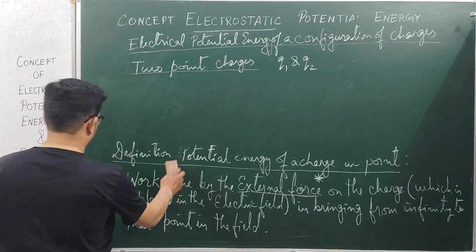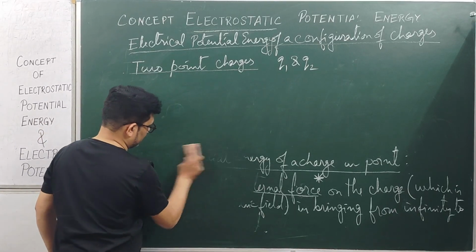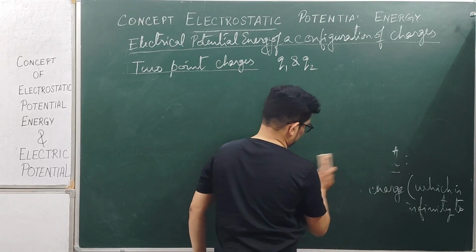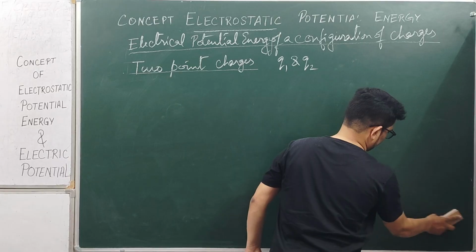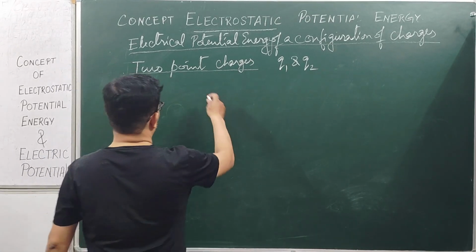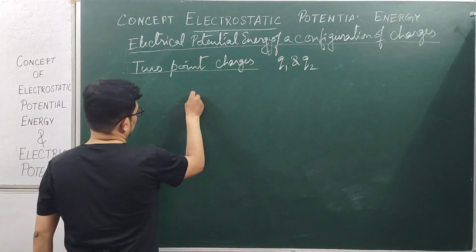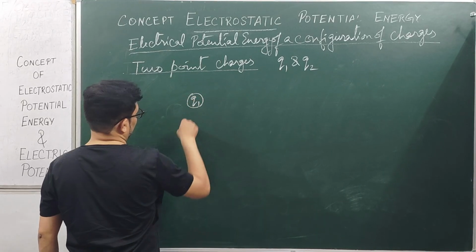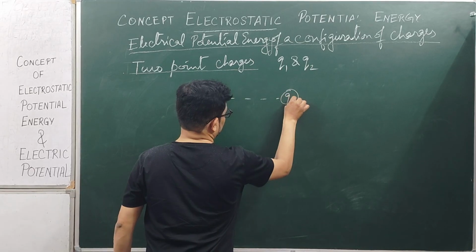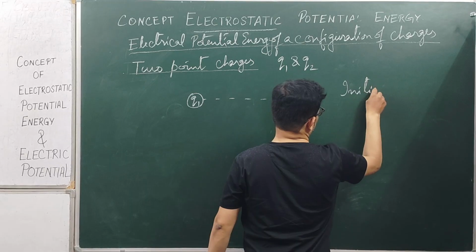Well, I'll rub this part and then we'll try to understand what was the initial situation, what was the final situation, and then what we get as a potential energy. So from 2 point charges, if we begin our discussion, suppose one charge is Q1 here and we have Q2 here. This is the initial state.